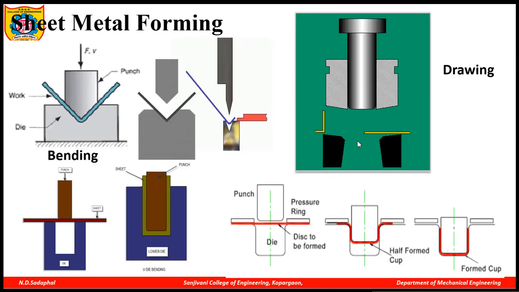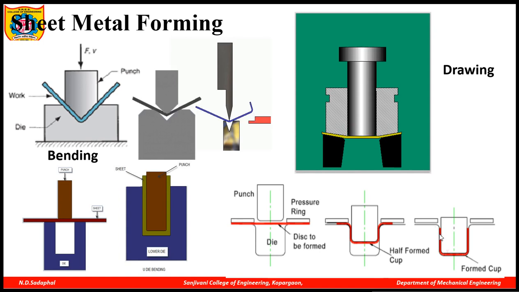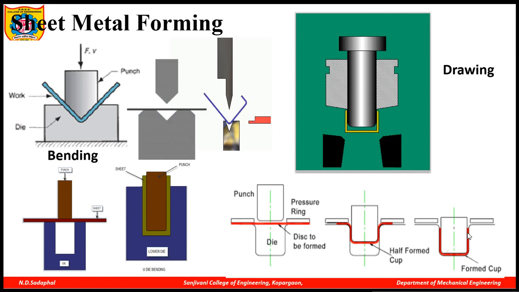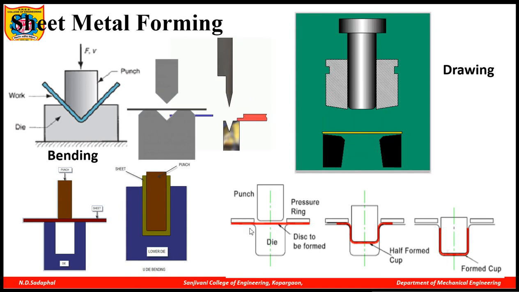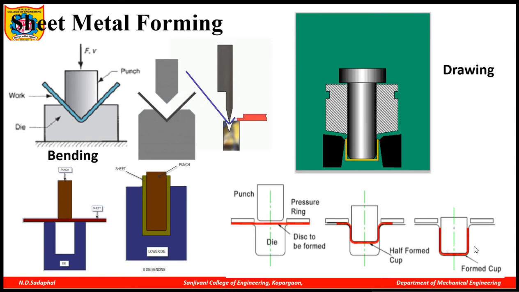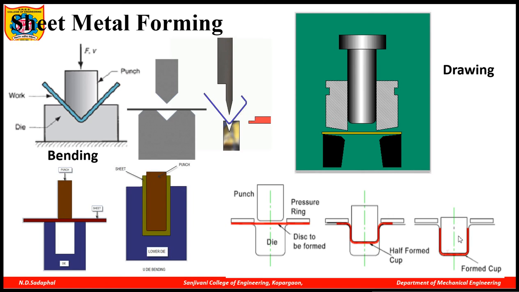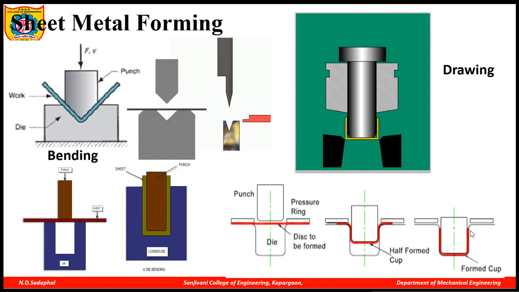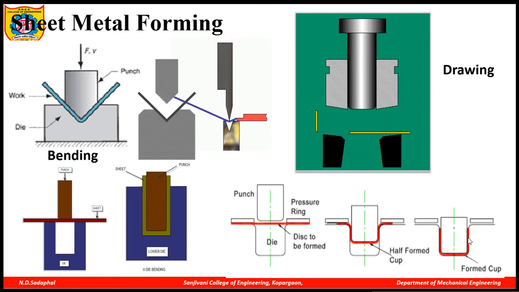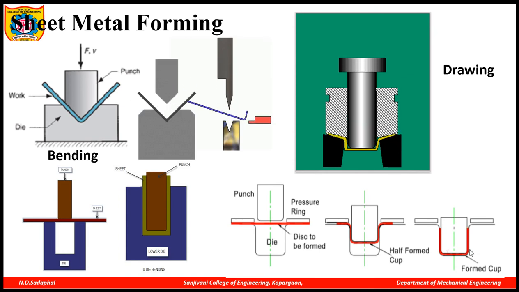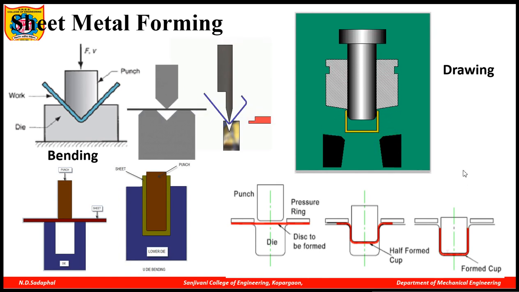In the drawing process, from a flat metal sheet a U-shaped cup is formed. Here the diameter of this cup is more than its height. If the diameter of the cup is more than its height or length, then it is called the drawing process.